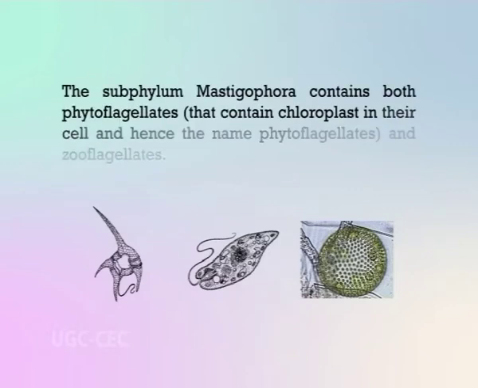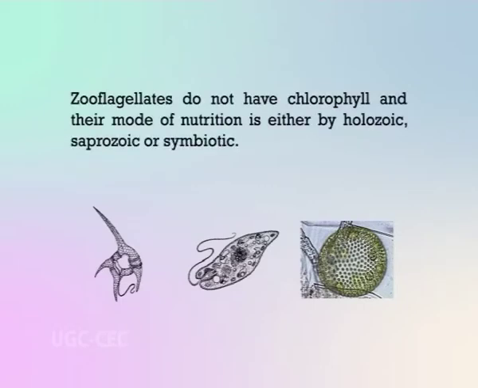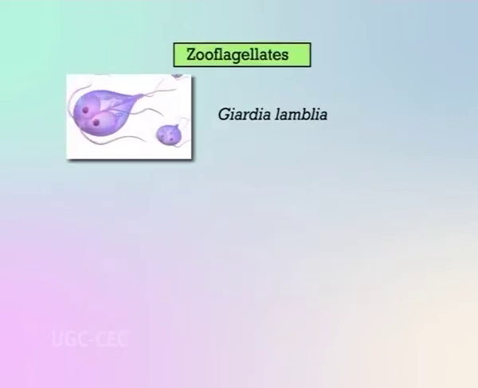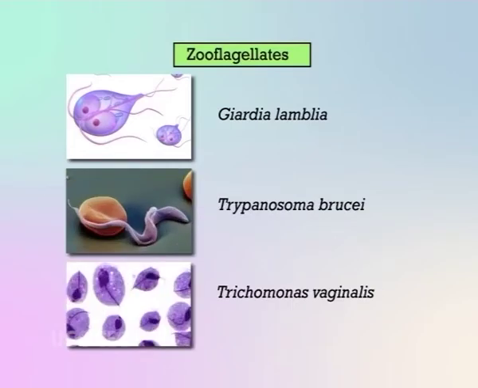The subphylum Mastigophora contains both phytoflagellates, which contain chloroplasts in their cells, hence the name phytoflagellates, and the zooflagellates. These zooflagellates do not have chlorophyll, and their mode of nutrition is either holozoic, saprozoic or symbiotic. Some of the zooflagellates include Giardia lamblia, Trypanosoma brucei, Trichomonas vaginalis, etc.